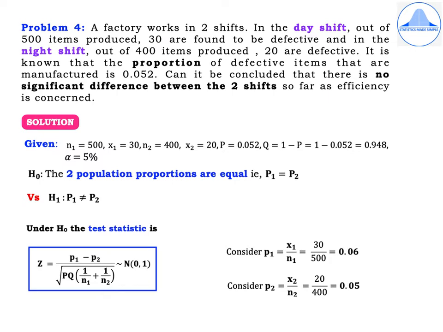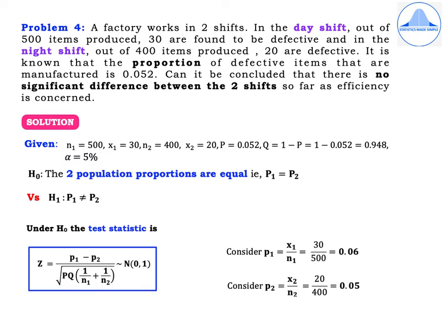Starting with the solution, in this problem the word proportion is already mentioned, and there are two shifts, the day shift and the night shift. So the problem is based on test for equality of proportions. Now we need to find out the values of n1, n2, x1 and x2, or n1, n2 and small p1 and small p2.